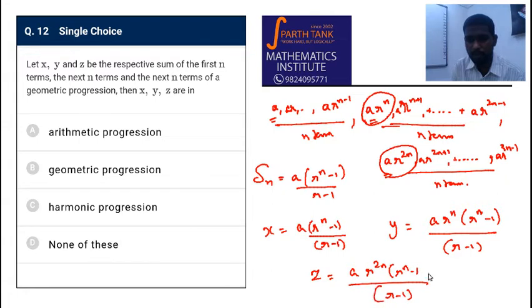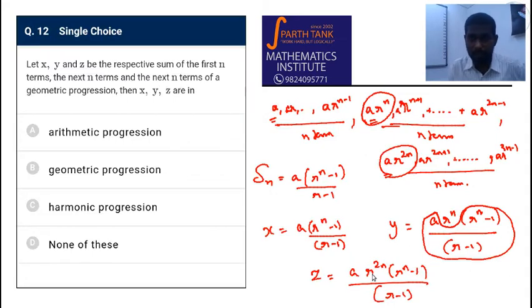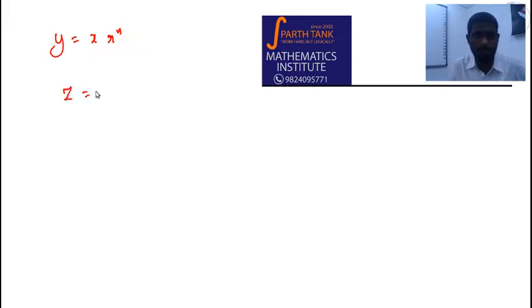Now if you see, y is x times r power n, because all this is x, right? I can write y is x times r power n. And if you see here, z is x times r power 2n. So z is x times r to the power 2n.